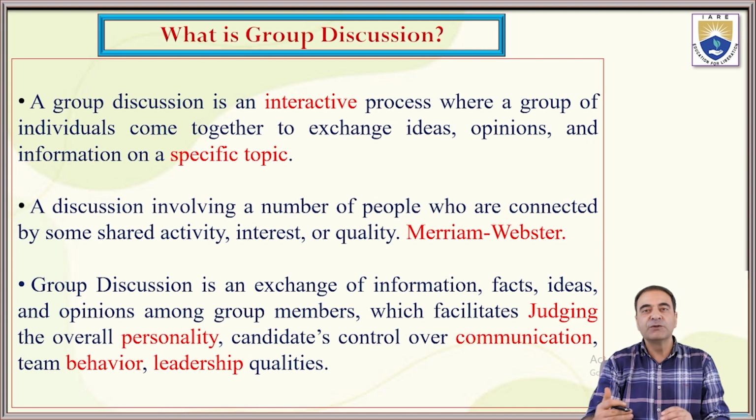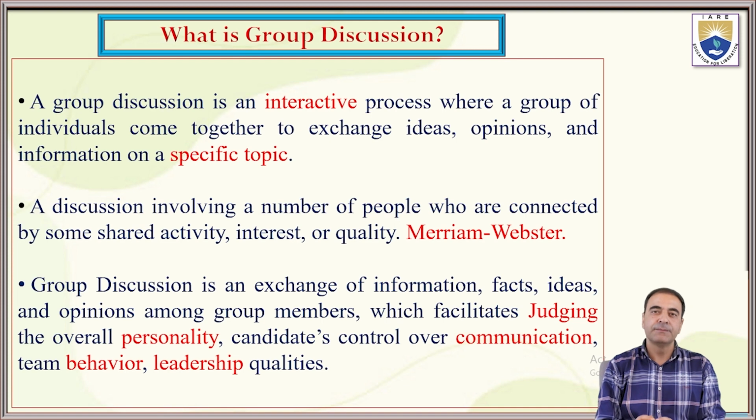Now, the first part of the definition is that group discussion is an interactive process where a group of individuals come together to exchange their ideas, exchange their opinions, exchange any information on a particular topic.